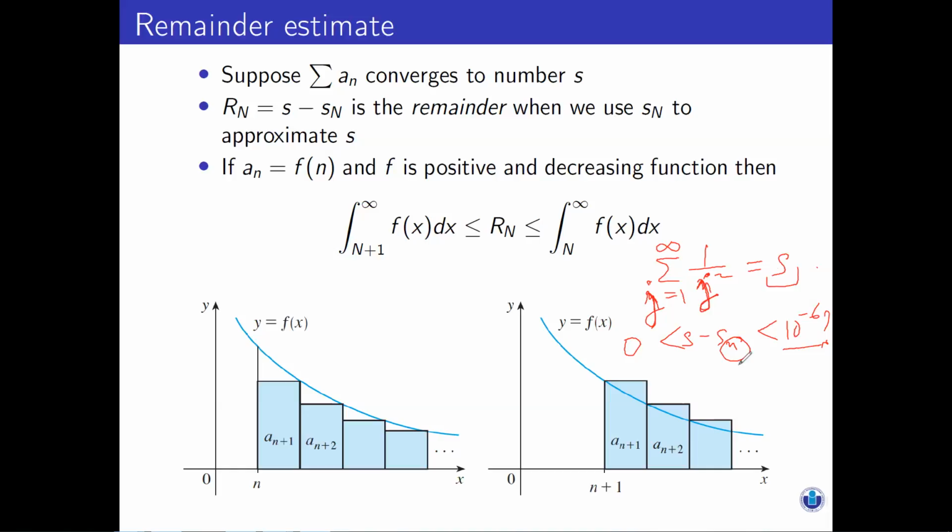The bigger n is, the better the approximation. But what is the smallest n that you can take so that you have this bound? For which n here? Can you try this?